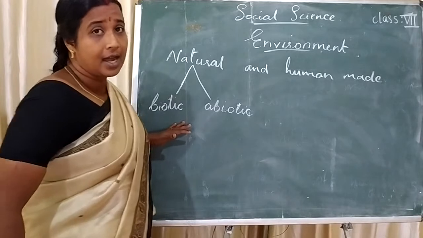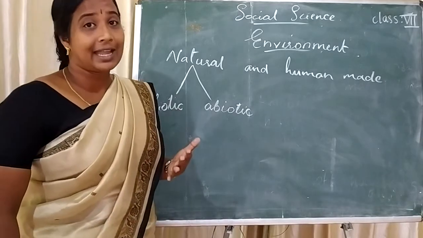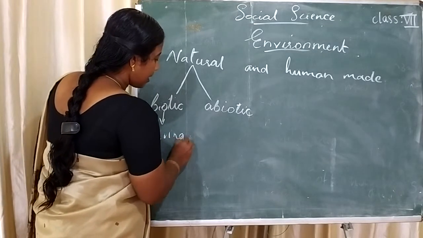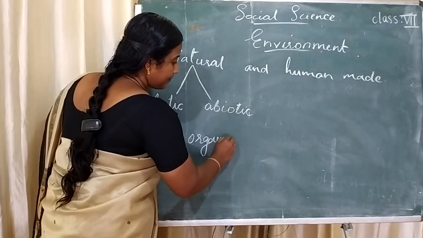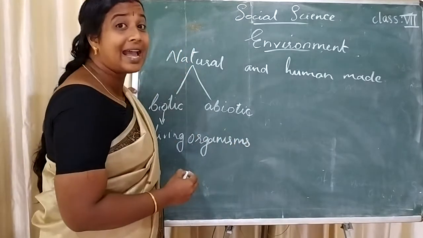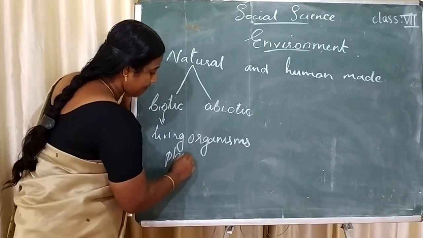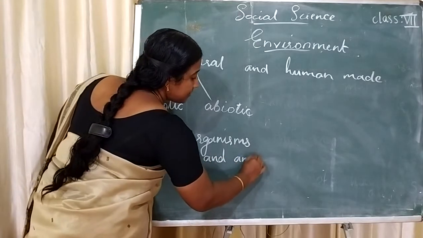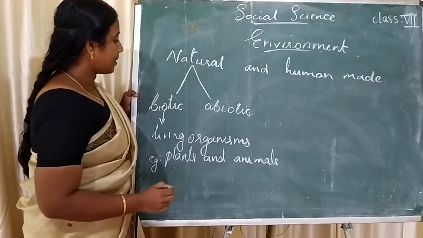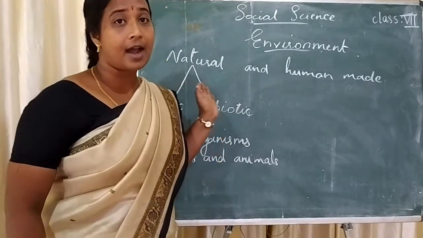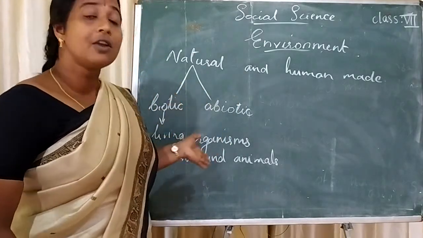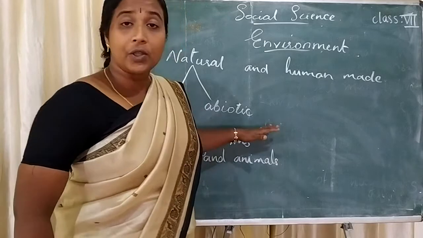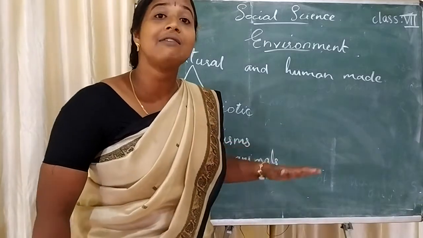Biotic conditions are the living organisms like plants and animals. Examples are plants and animals. Then abiotic conditions are the non-living elements.